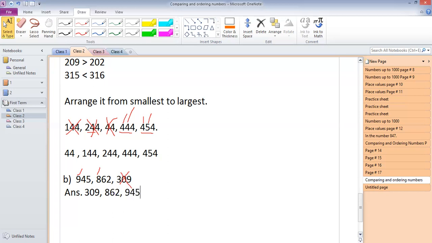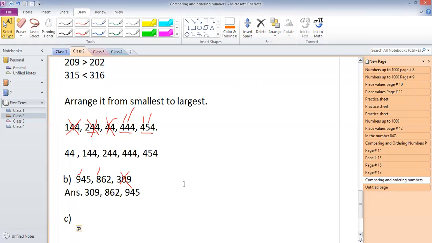And then you will write 945. So this is the answer. Is that clear, guys? Yes. Very good. We'll take one more example, guys.